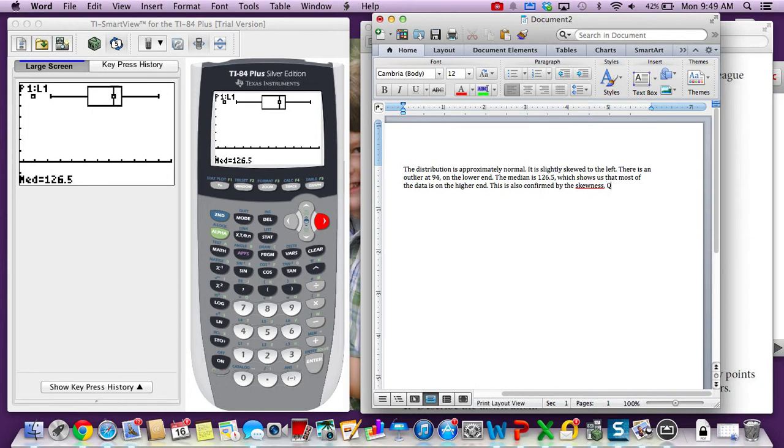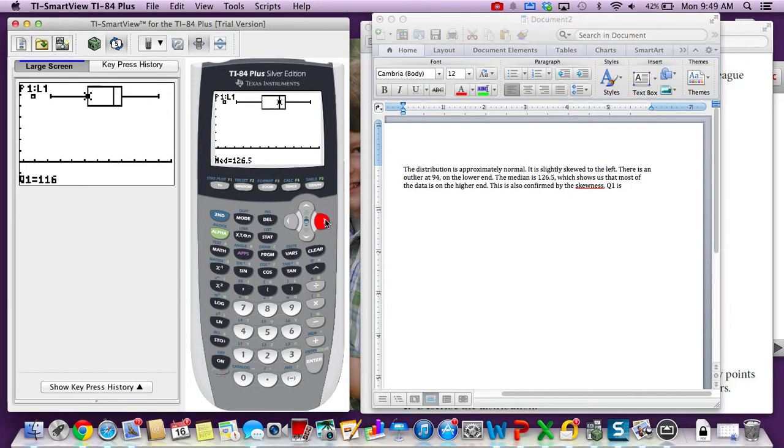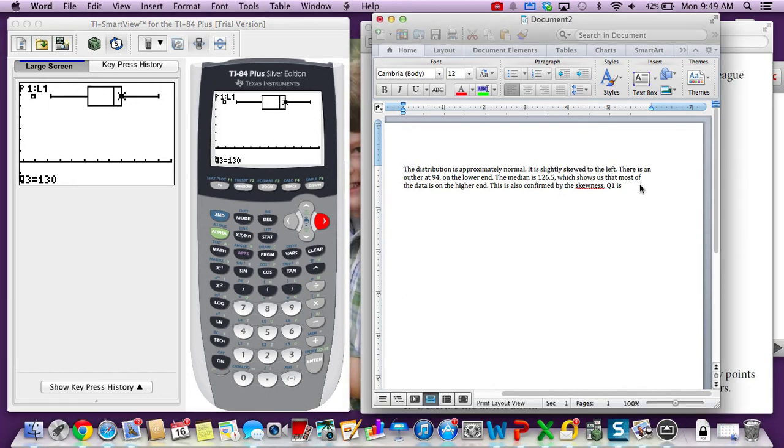Okay. Q1 is 116 and Q3 is 130, meaning that 50% of the data is between 116 and 130.